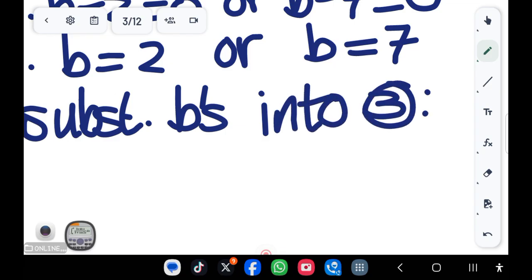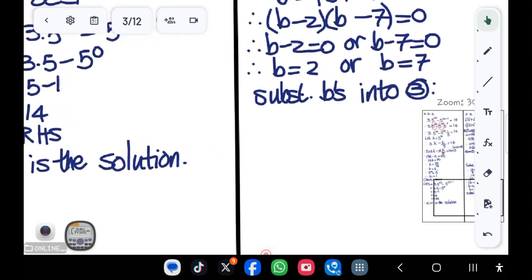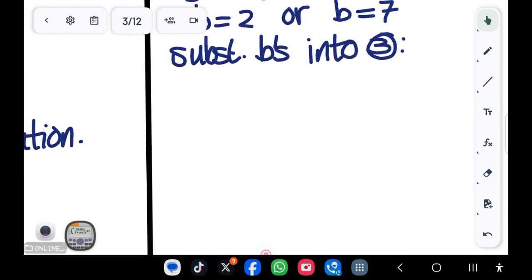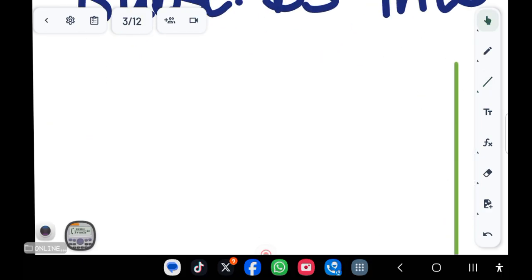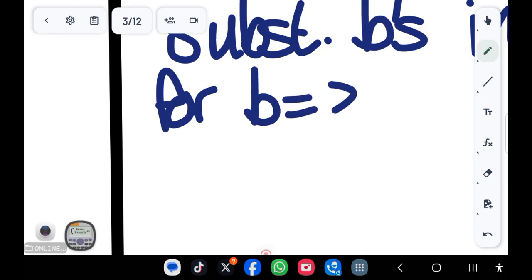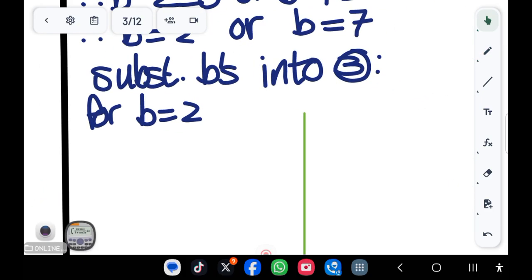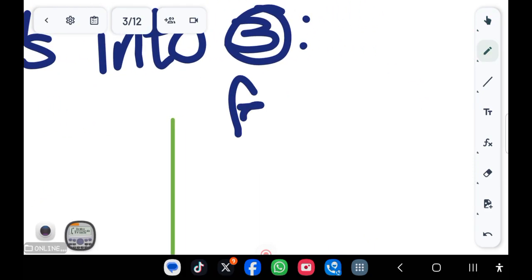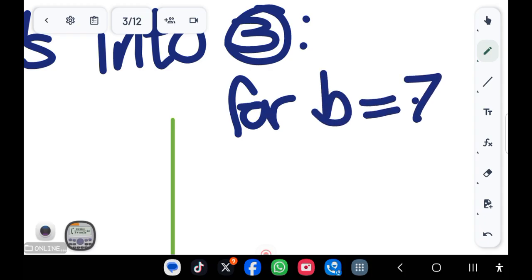I'm going to make 2 sections so we can go about doing this side by side. On the left hand side, we're going to substitute for b equals 2, and on the right hand side, we're going to substitute for b equals 7.